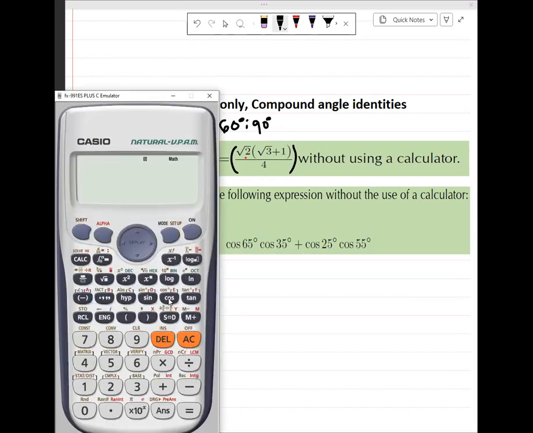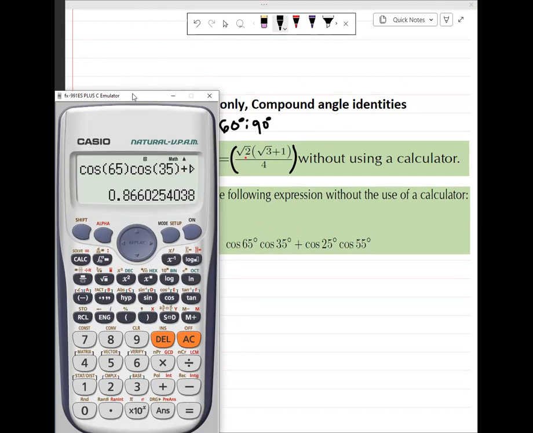We have cos 65, cos 35, plus cos 25, and then cos 55.